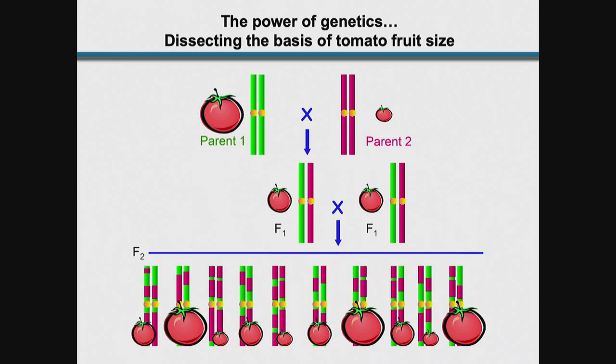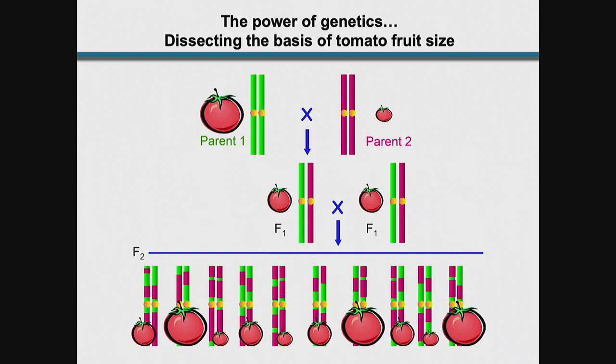So we're crossing it, we get the F1 generation, one allele from one parent, the other allele from the other, and then we cross these and we get the F2. Now note that the F2 is highly heterogeneous, and that's because, of course, we have the random effects of recombination happening, right?